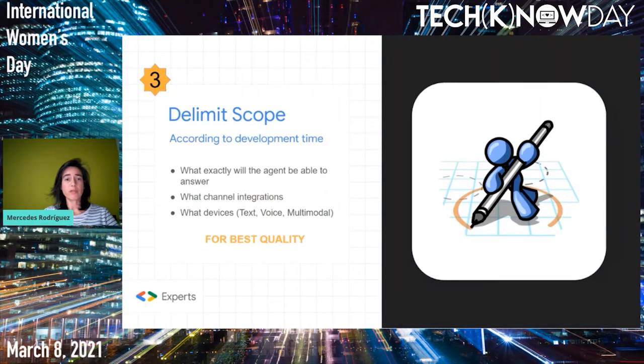If the user interacts with the agent a couple of times and the agent doesn't answer properly, the users are going to lose interest, and they're going to say, oh, this is not useful, and they do not come back. So it's very important that we choose a scope, and that the agent is able to answer most of the questions for that scope.